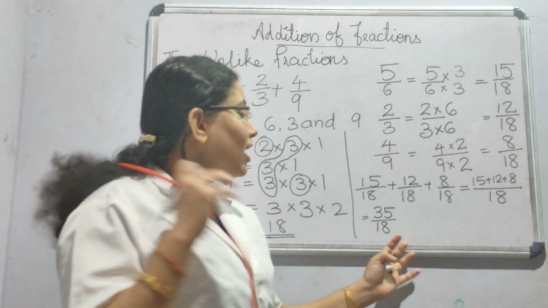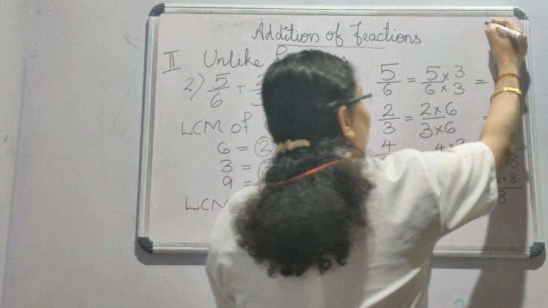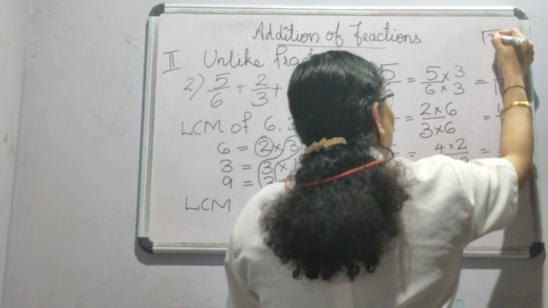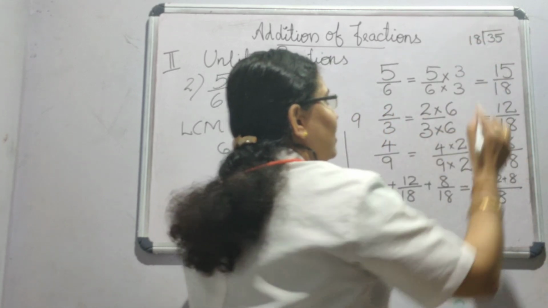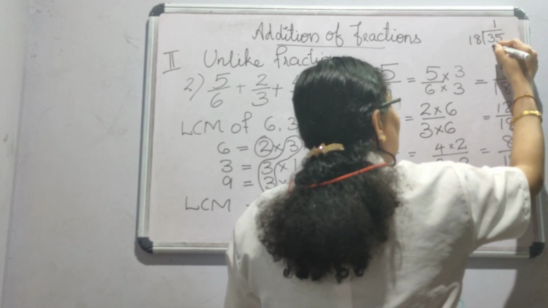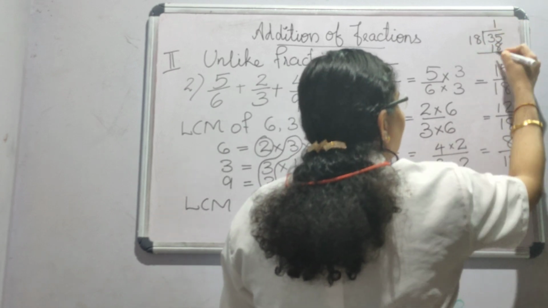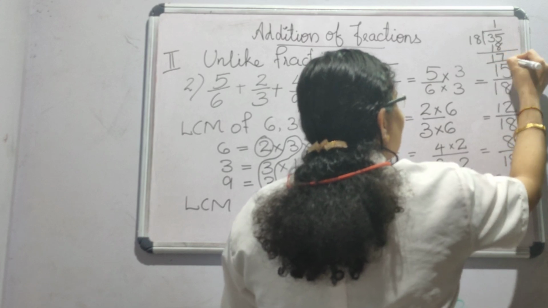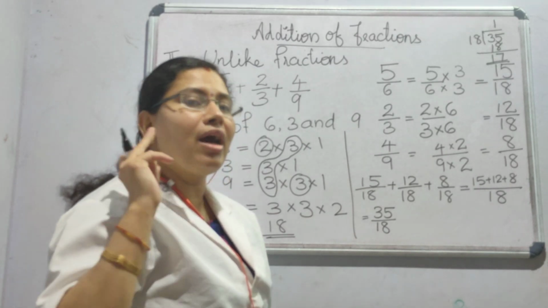How can we convert an improper fraction into a mixed fraction? We have to divide the number. So if I divide 35 by 18, I'll be getting the quotient as 1. 1 into 18 is 18. So the remainder I am getting is 17. So we have to write in the QRD form.